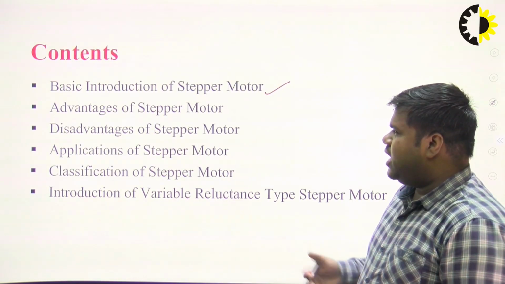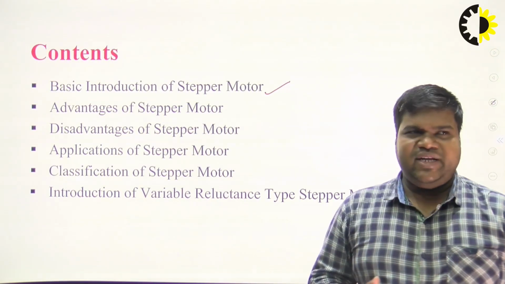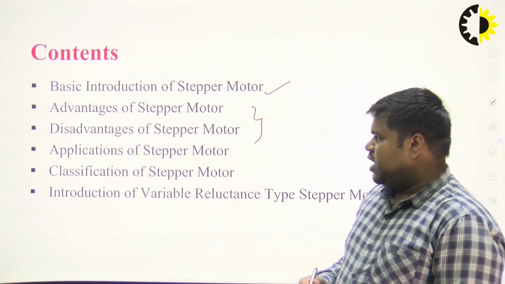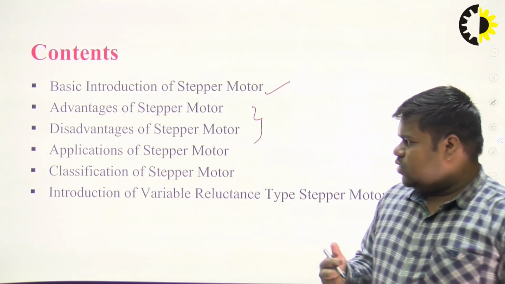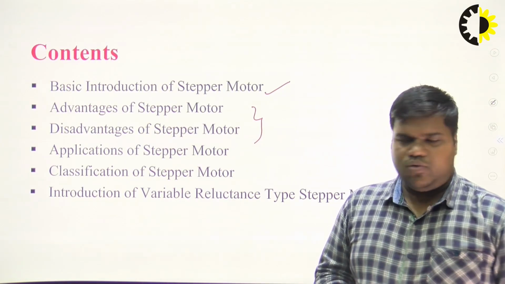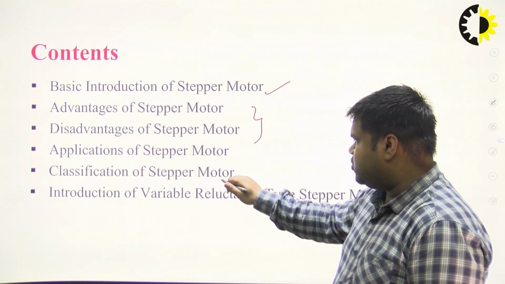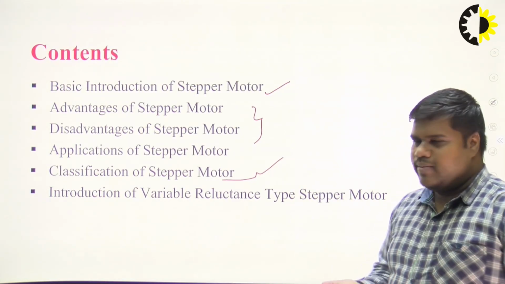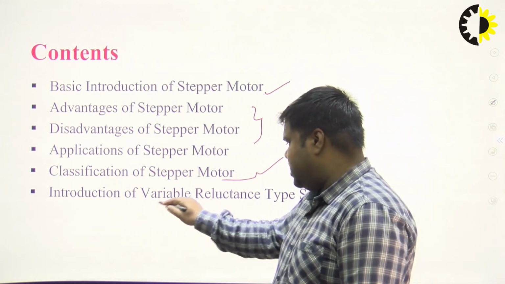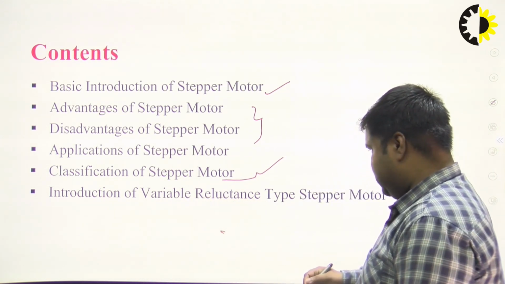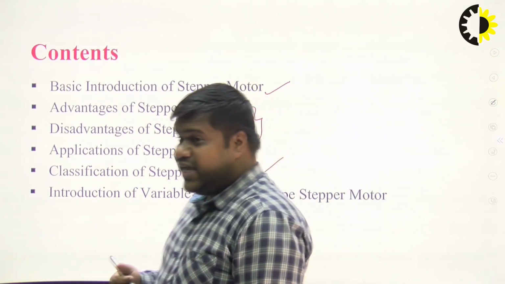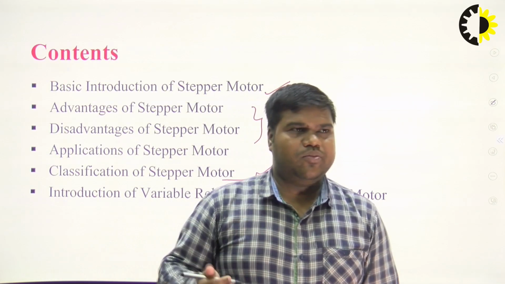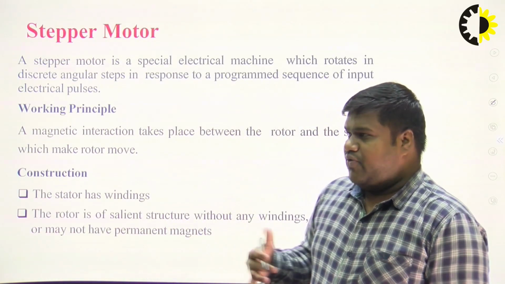Then we will see the advantages of the stepper motor, and after that its applications and classifications, and an introduction of the variable reluctance type stepper motor. Basically, the variable reluctance type is a classification of the broad way of stepper motor.